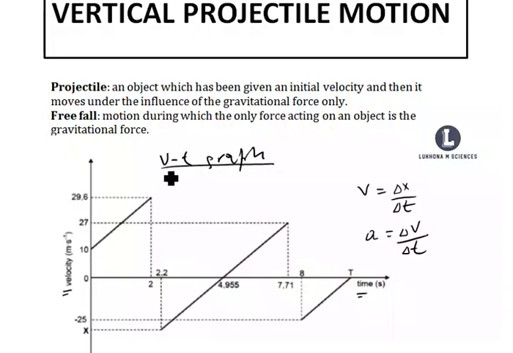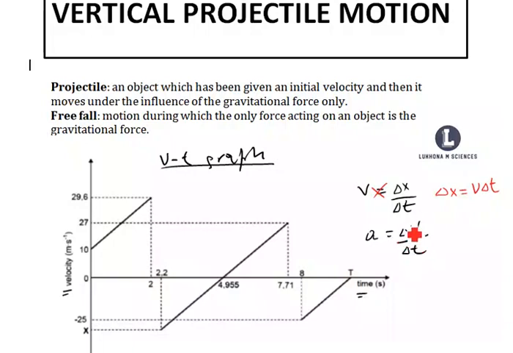Here we have velocity and time on opposite sides, so you can cross multiply so that we have them on one side, which means delta x is equal to v delta t.